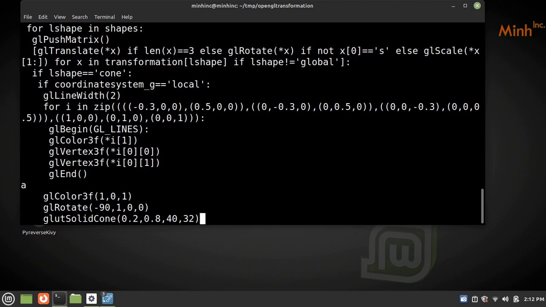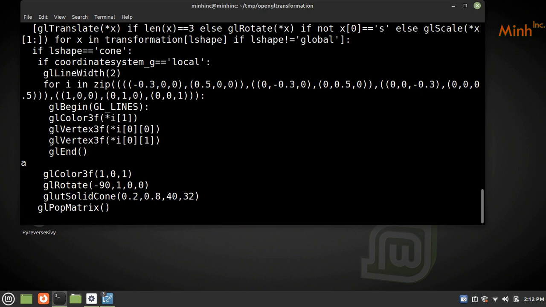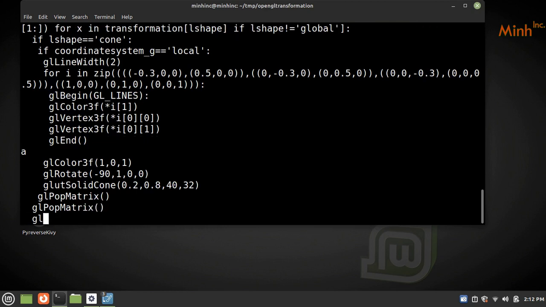Now we'll do pop matrix. glPopMatrix, glPopMatrix, glFlush.